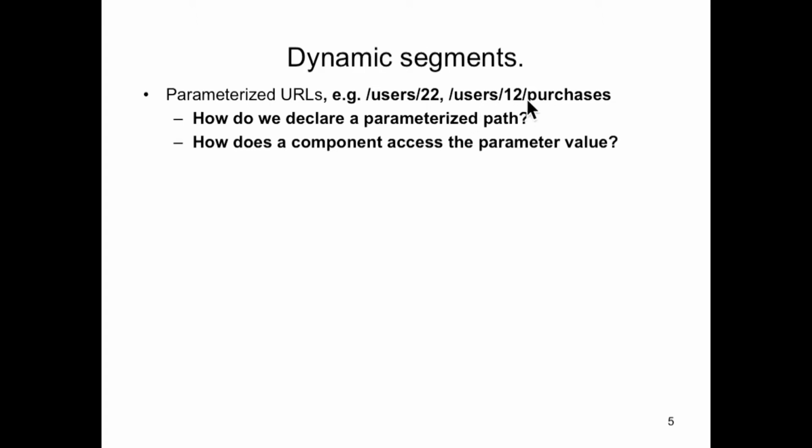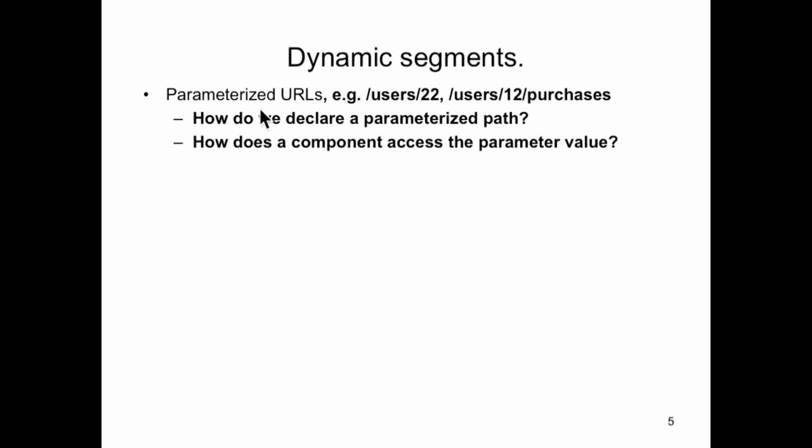This URL looks like it's referring to all purchases made by user 12, and maybe the view associated with that URL would bring up all of the purchases made by the user whose ID was 12. So these are parameters within the URL. The values can change.